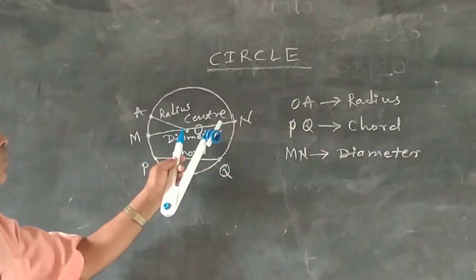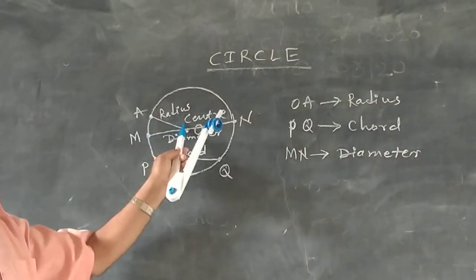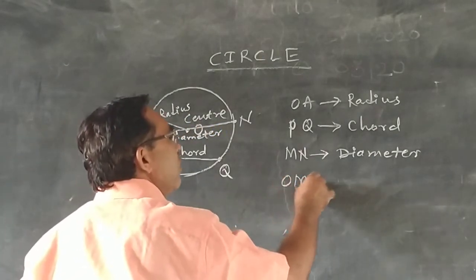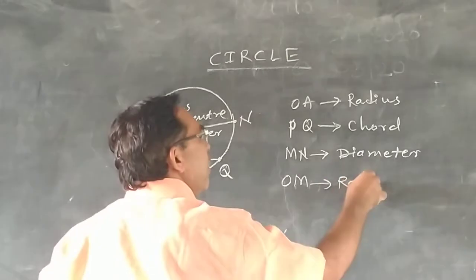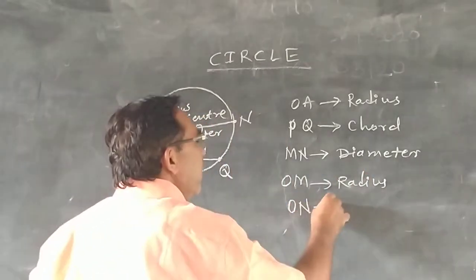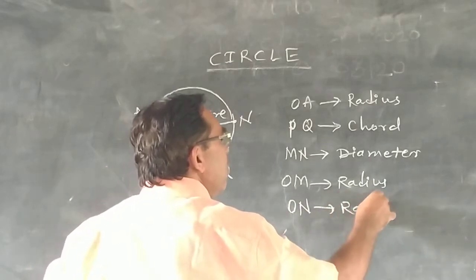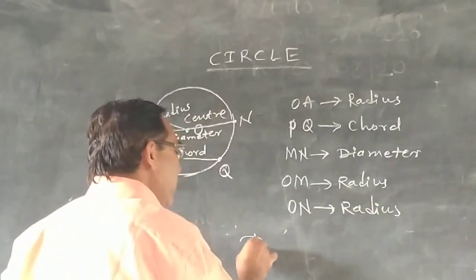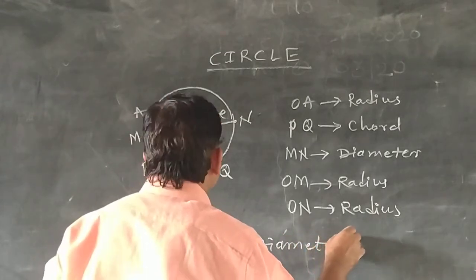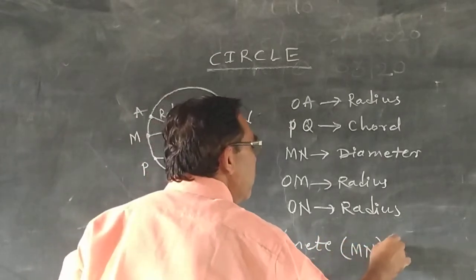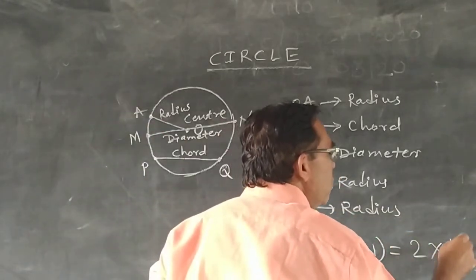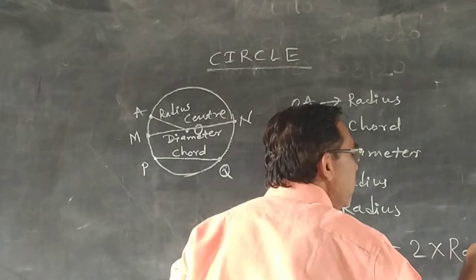Now look at this OM. OM is also a radius. Means diameter MN is equal to radius plus radius, that is 2 radius.